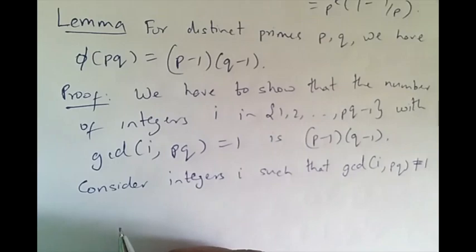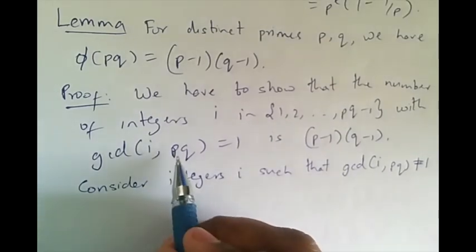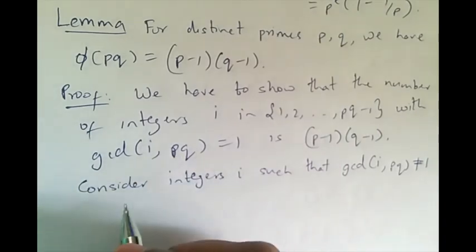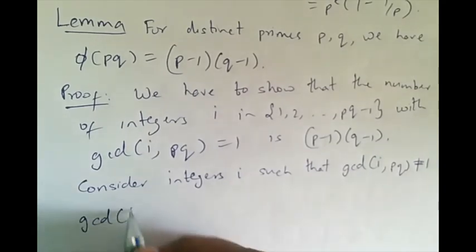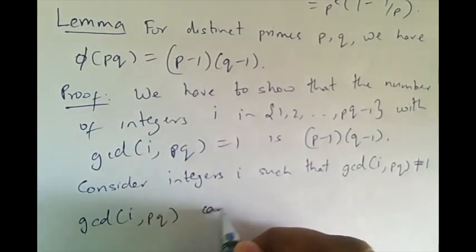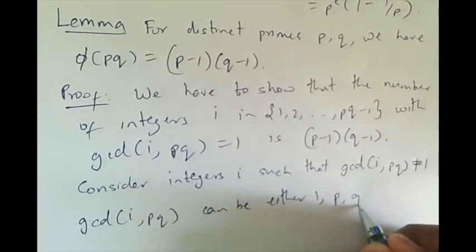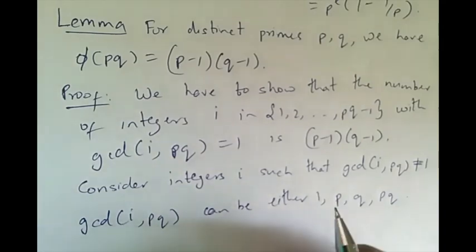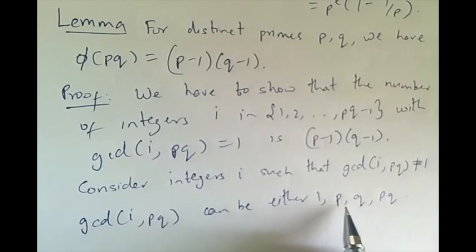So how will they look? Now, pq is a product of two distinct primes. So if the GCD is not 1, there are only three other possibilities. GCD of I and pq can be either 1, p, q, or p times q. It's a common divisor, and these are the only possible divisors. We are already saying that it's not 1. So it can only be p or pq.